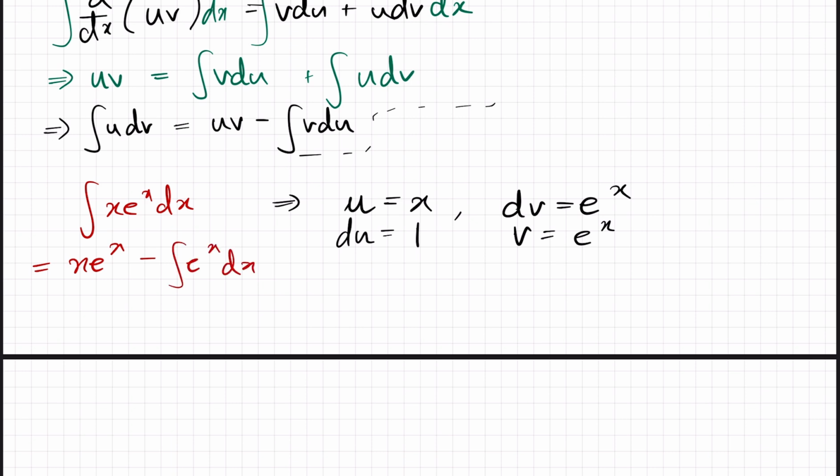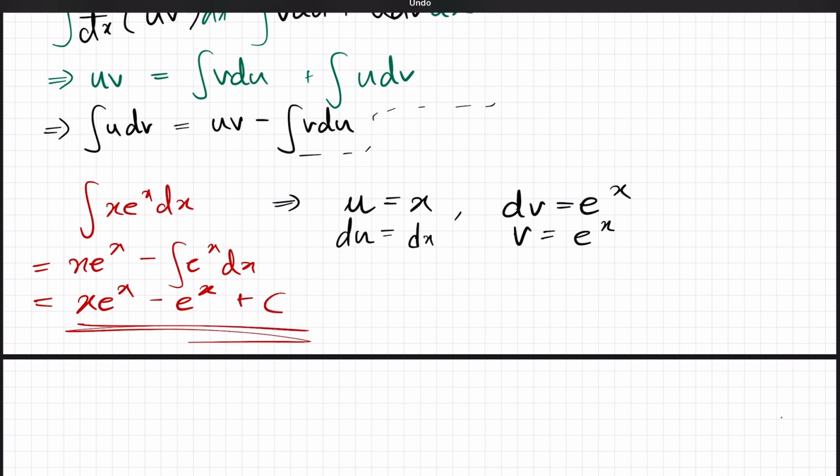Remember, if we differentiate x, we don't just get 1, we technically get dx, but we usually just leave it as 1. Then if we integrate this easily, we get our final answer, which is x e to the x minus e to the x, and we should add the plus c at the end, to show this is an indefinite integral.